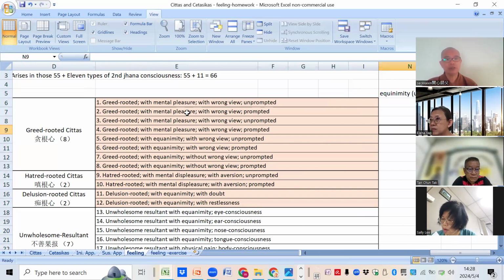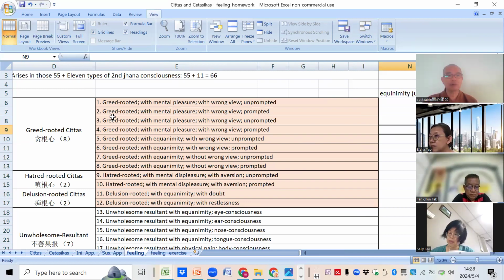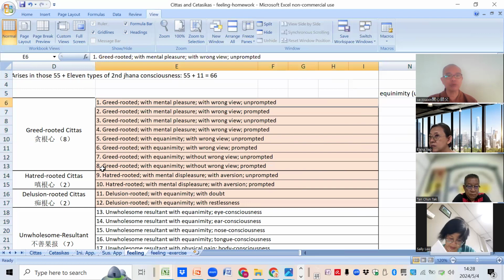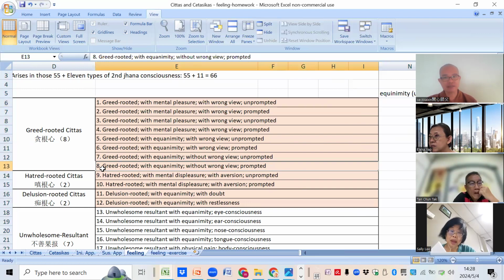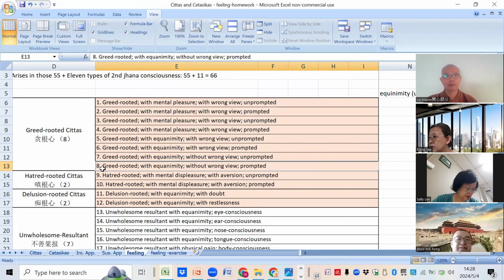As long as there is equanimity, we will highlight it. Yes, Kok Hong, can you tell me from 1 to 8, which ones possess the feeling of equanimity? Number 5, 6, 7, 8.